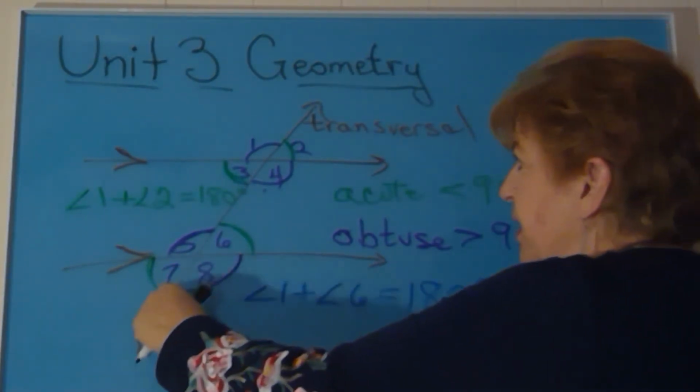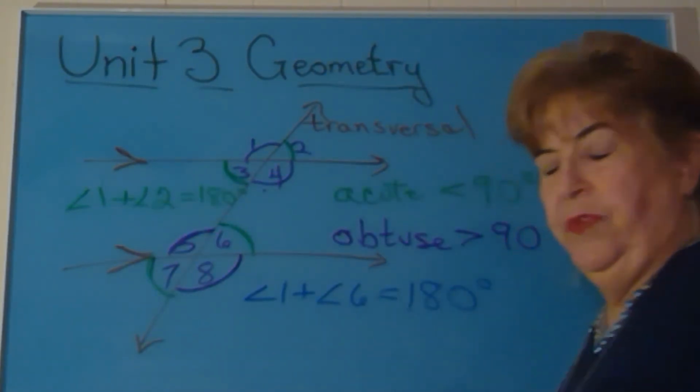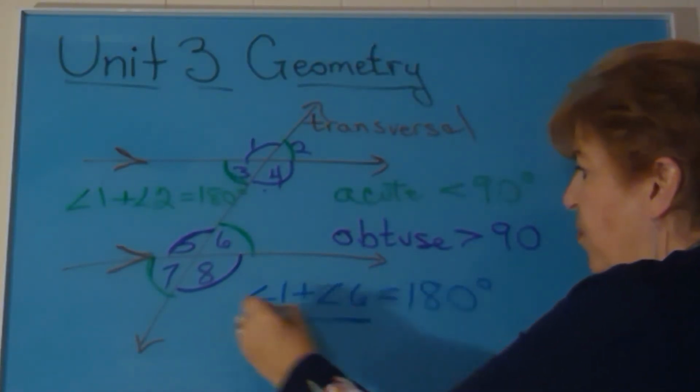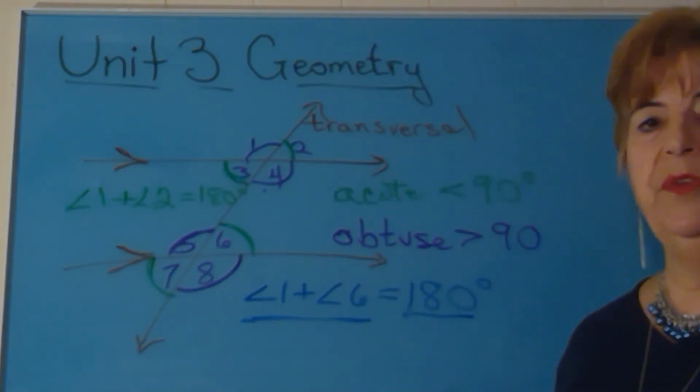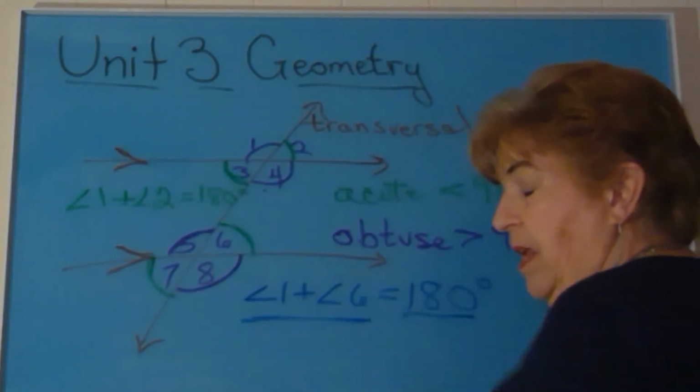And again, that's because all the green angles are the same and all the purple angles are the same. So if we have one of each, it's going to be 180 degrees because many of them form a straight line.